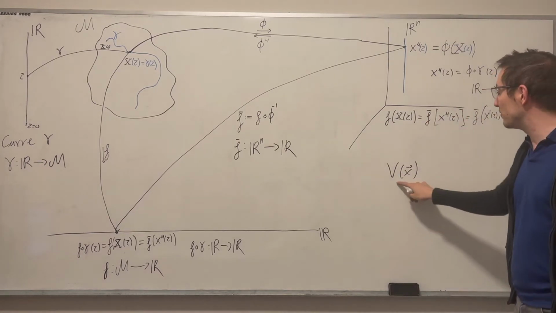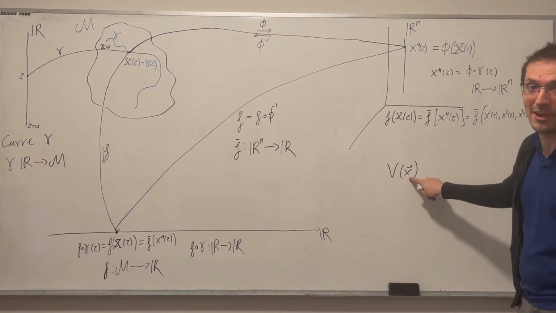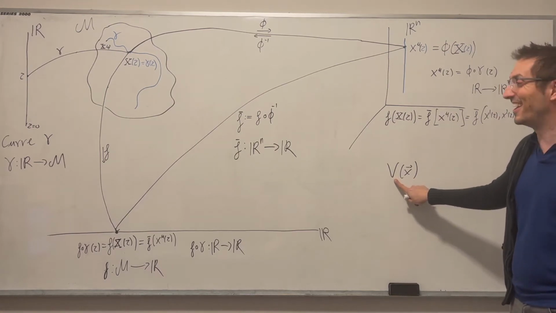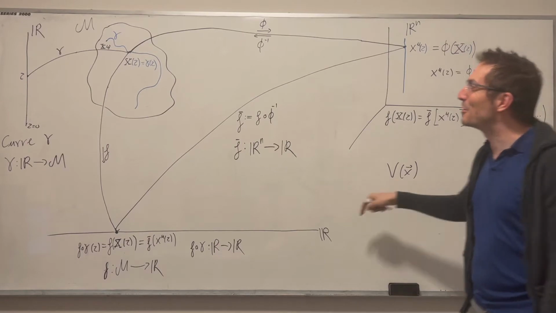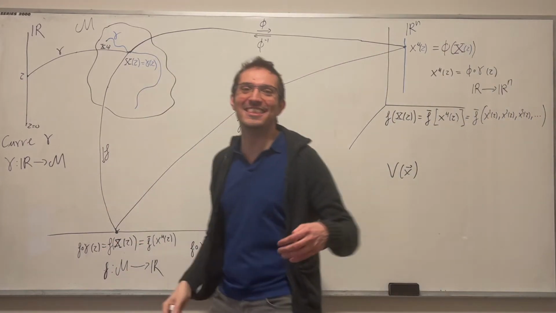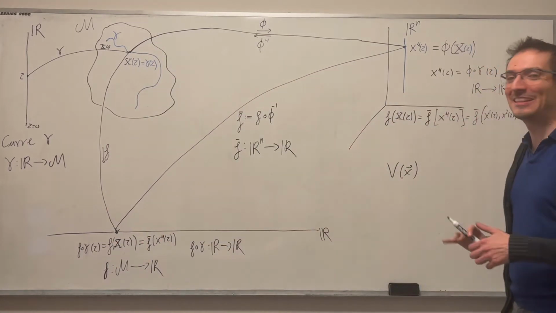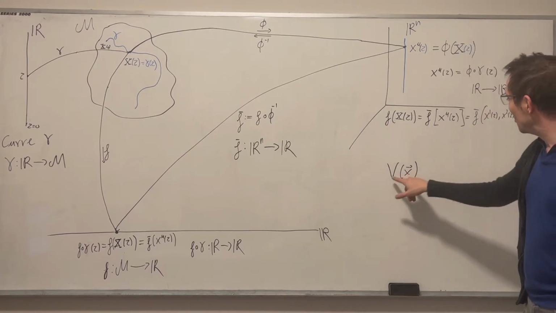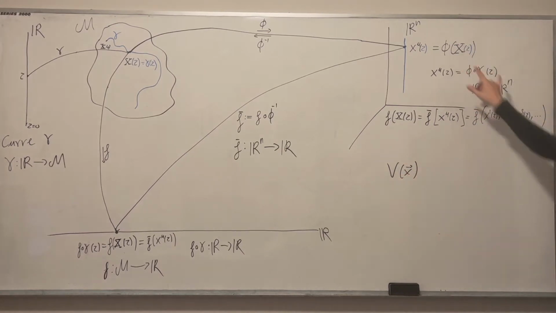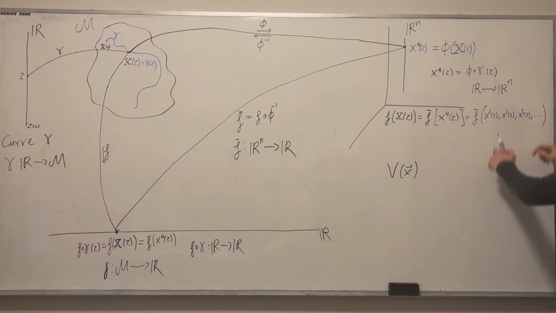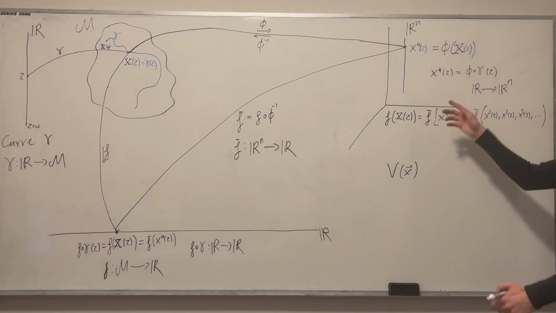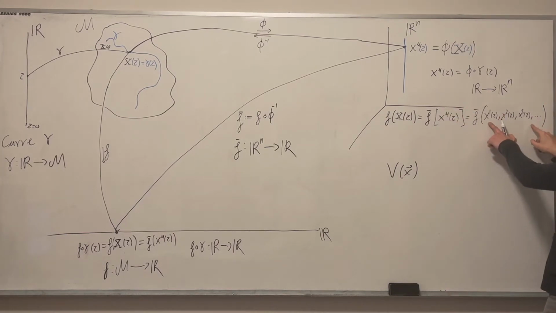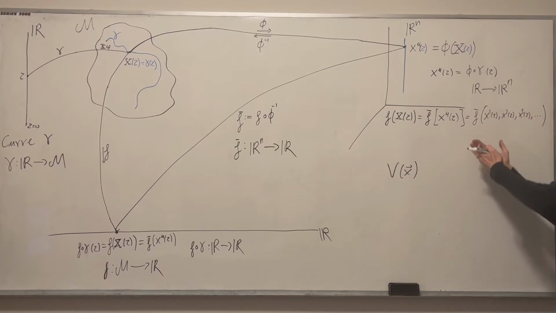The potential function takes points in Rn and returns a scalar, a number. In fact, we're going to call these functions scalars, but let's not get ahead of ourselves. We have a function of some point in Rn that returns a real number.